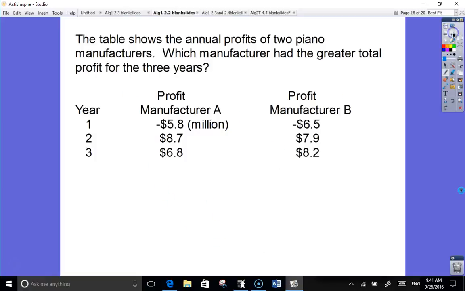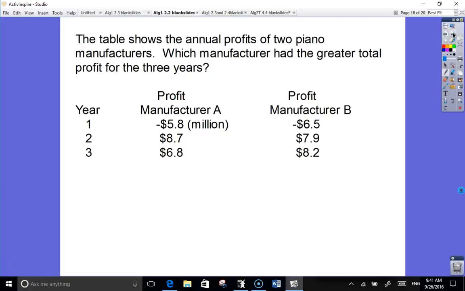So, okay, this table shows the annual profits for 2 piano manufacturers. Which manufacturer had the greater total profit for the 3 years? So what do you notice for those three? The first year is negative. Actually, they lost money.